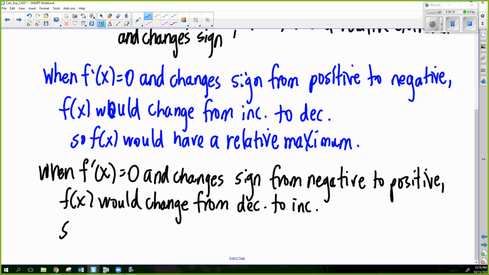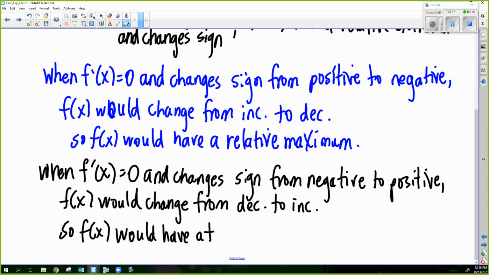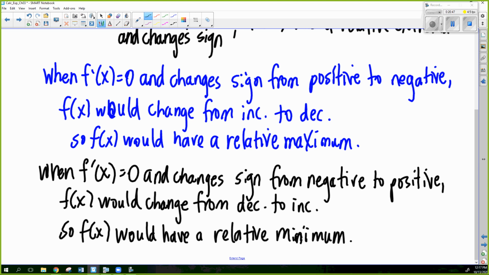So f of x would have a relative minimum. Cannot spell today. Minimum. That is a huge, huge calculus concept.